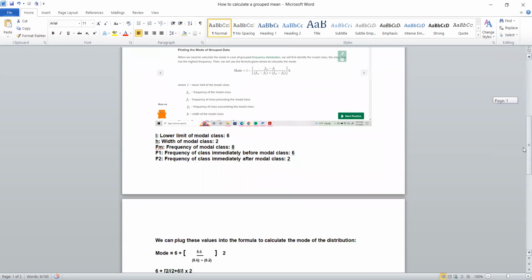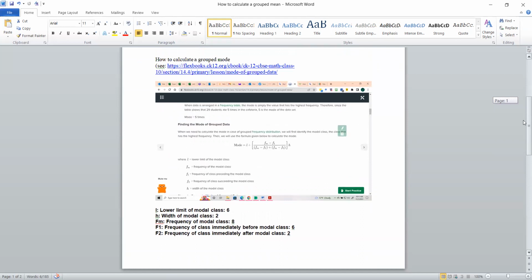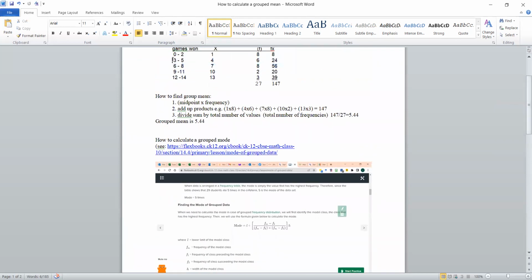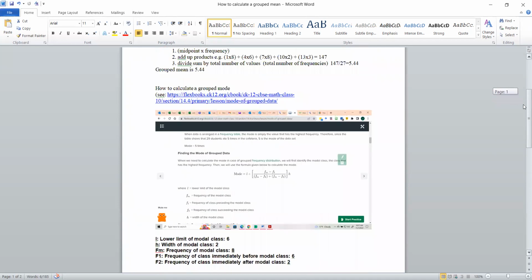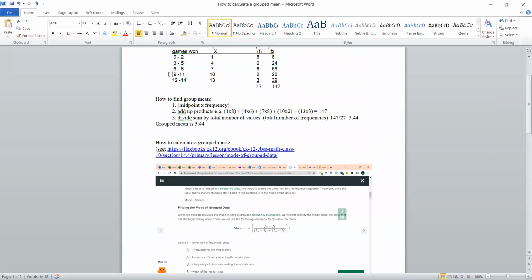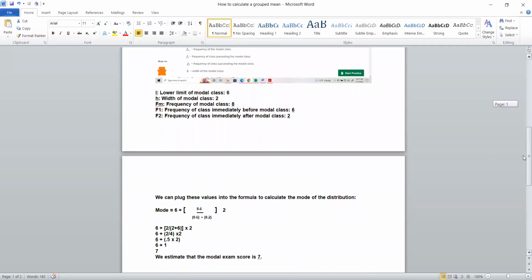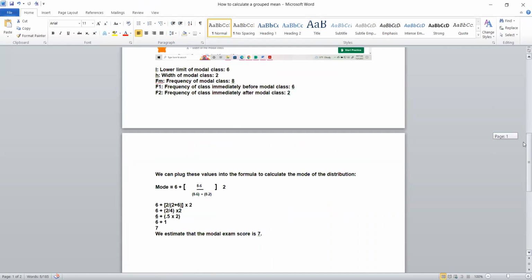The frequency of the class right before it, so that's 3 to 5, is 6. And the frequency of the class right after, that's 9 to 11, is 2. Okay, so I wrote that out to make it easier to follow what I'm doing.